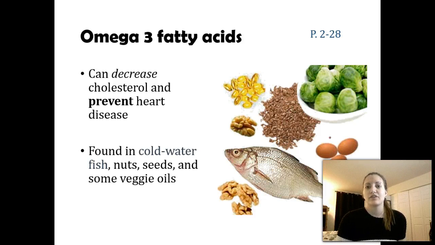So these are great sources of a good fat for you. A lot of older people will take fish oil because typically the older you get, the more susceptible you are to increased cholesterol and higher heart disease. That fish oil, what's in it that is going to reduce these risks is these omega-3 fatty acids.